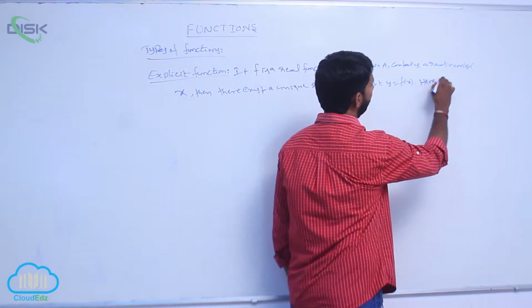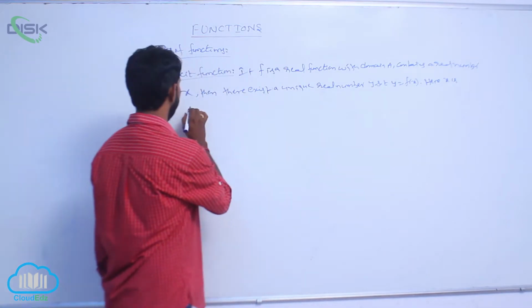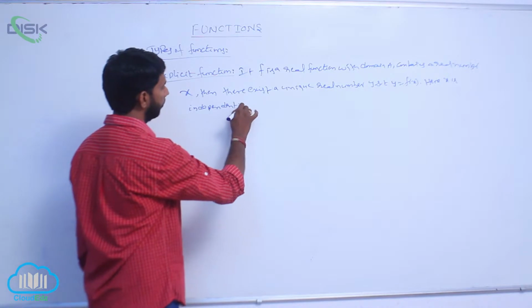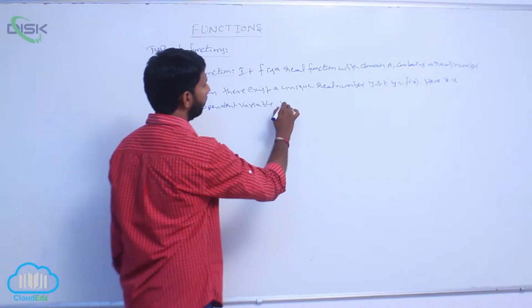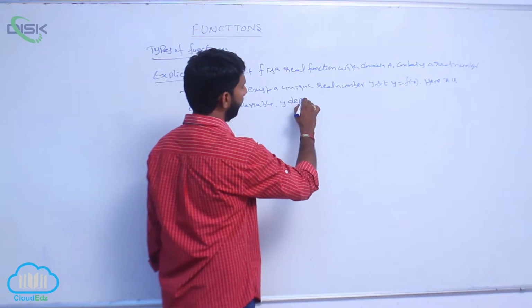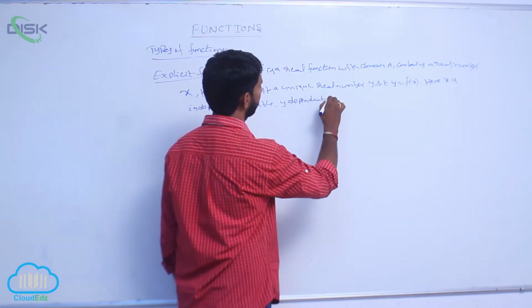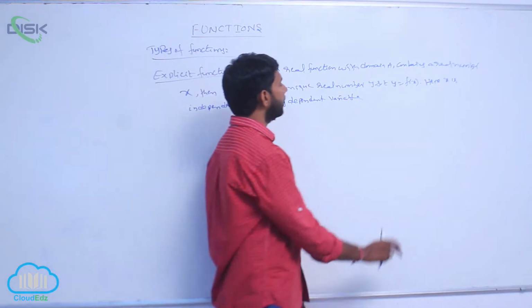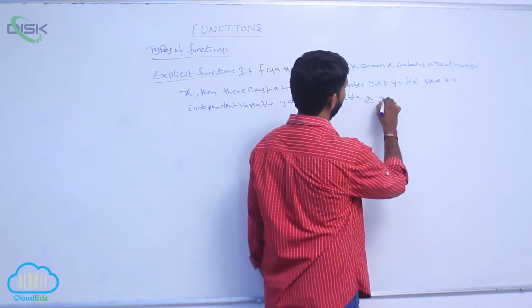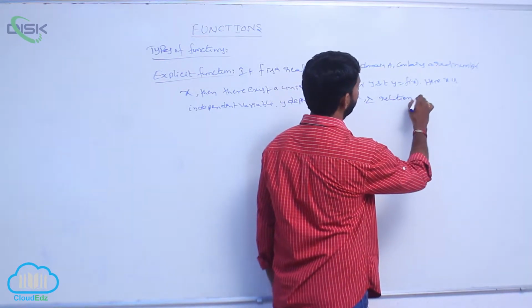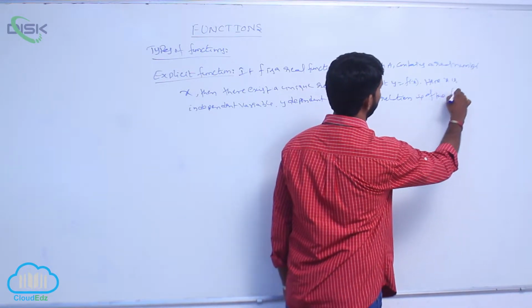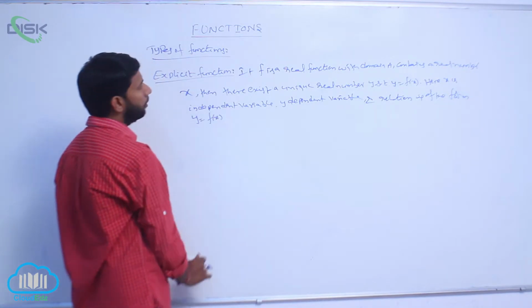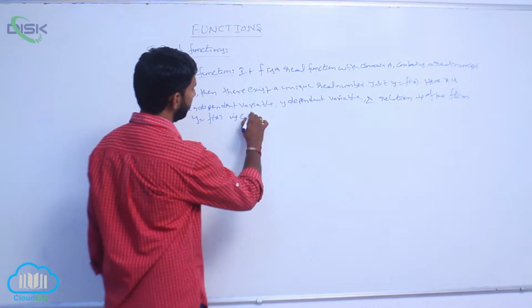Here x is the independent variable, y is the dependent variable, and the relation of the form y is equal to f of x is called an explicit function.